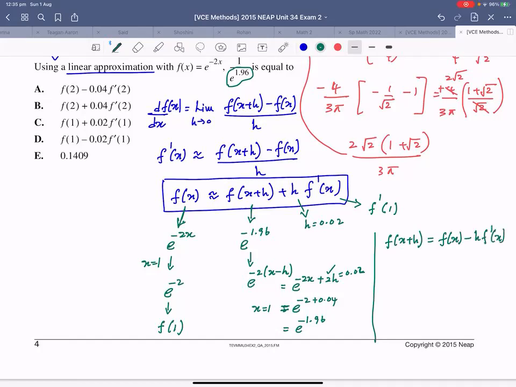This is what you do. So f of x would be now e to the minus 2 minus h, which is 0.02, f dash 1. So e to the minus 2 is f of 1, minus 0.02 f dash 1. That would be your e to the minus 1.96. So the answer would be f of 1 minus 0.02 f dash 1. So the answer would be D.